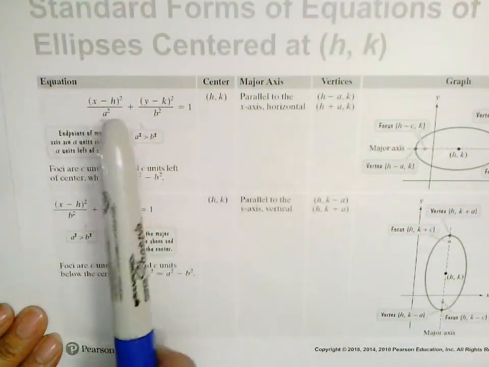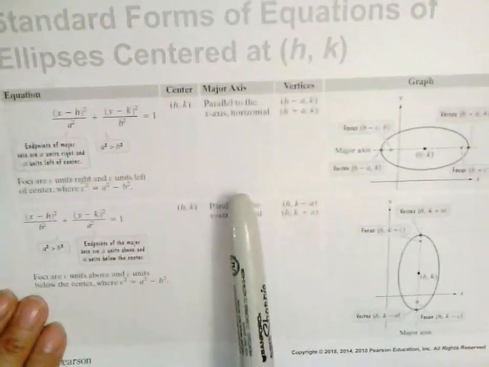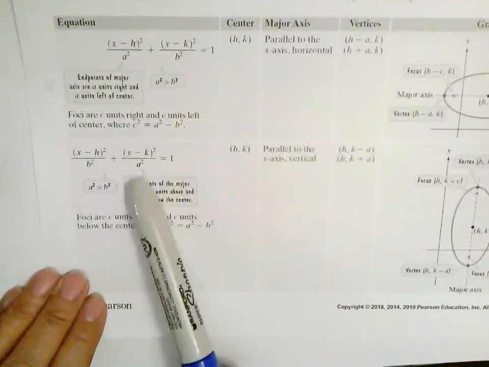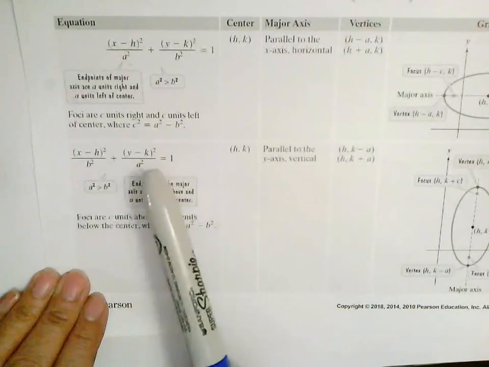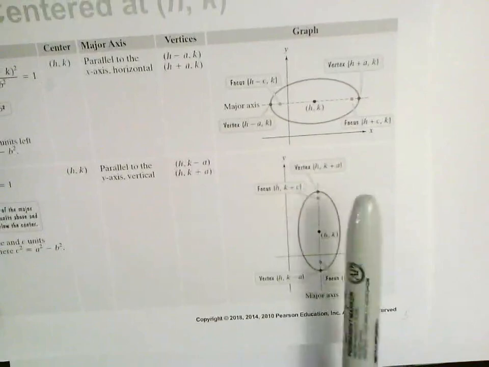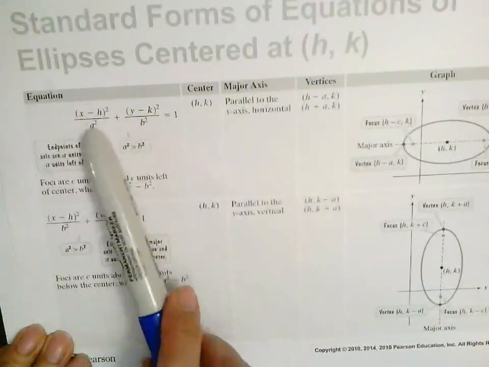So here, a squared is under the x variable, so we're going to have a major axis that is horizontal. Here, you see that a squared is under the y variable, so the major axis is going to be vertical. And again, remember that a squared is greater than b squared. And the center is going to be at h, k.